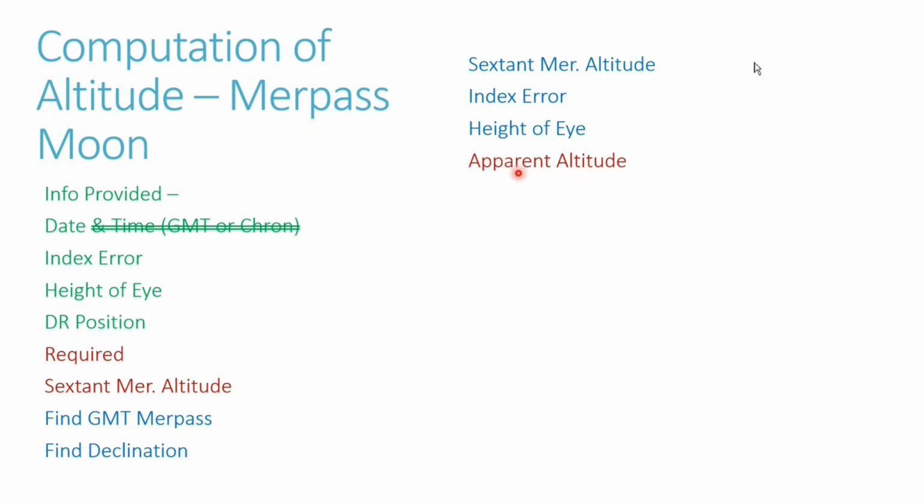Now to this apparent altitude, we apply the total correction. In case of moon, the total correction is divided into two parts. You have the main correction given at the top of the table, and you obtain a certain altitude after applying the main correction. And then you apply the second correction, which is known as HP correction, horizontal parallax correction.